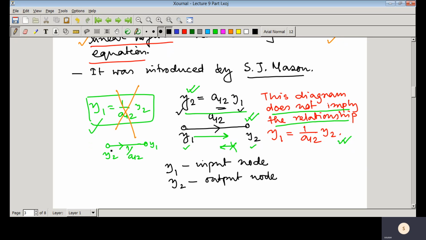So as y2 is the output and y1 is the input node, if you write y2 equal to 1 by a12 into y1, you are indicating that the signal is flowing from output to input, which is wrong. So that's why in a signal flow graph, you should not divide by the gain.